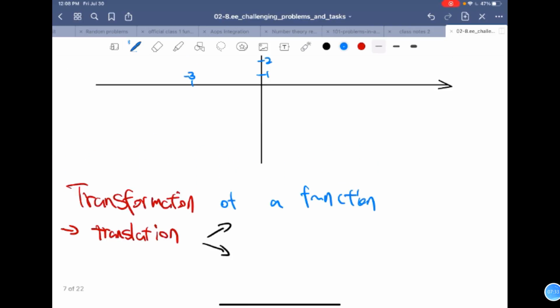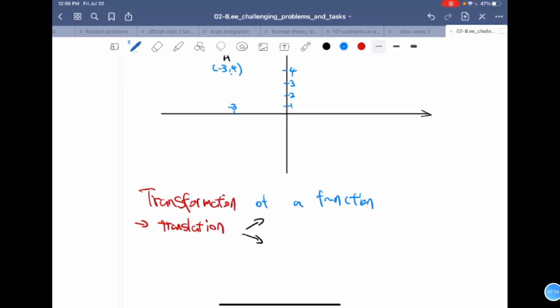Translation. All right, translation. What are two directions for a possible translation? You move up and down or side to side. Yes. First off, what is a translation?